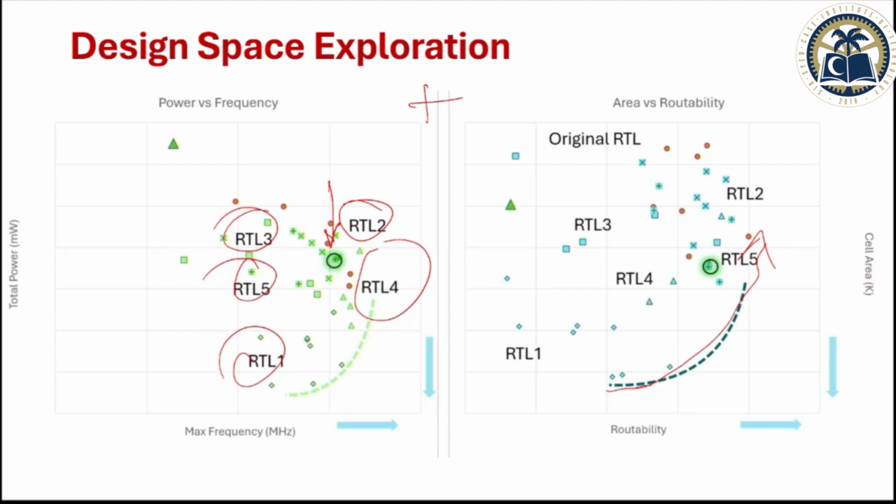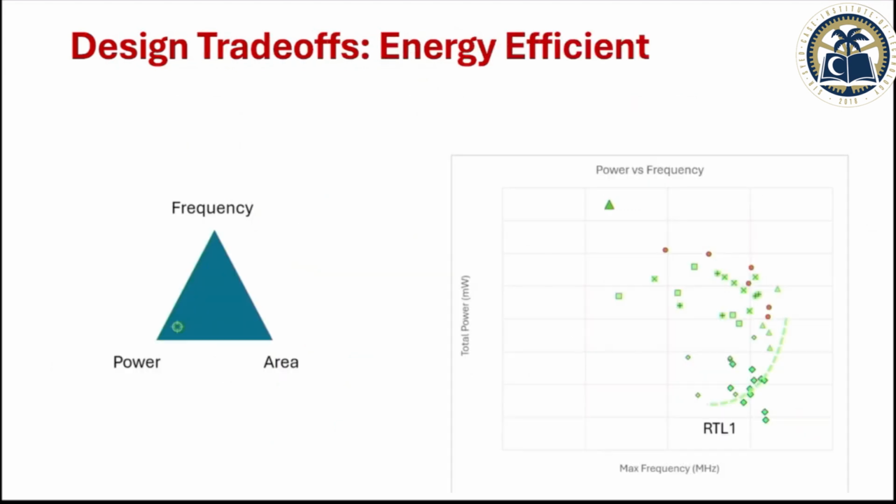And usually this is the trade-off: you try to improve one, so you have to lose the other. There is no way around it, provided that you are doing everything the best. If you are a dumb programmer, definitely you can do badly. But if you are a very good programmer, then you have to be ready for the trade-off that you are going to have. So this is the frequency, power, and area trade-off.